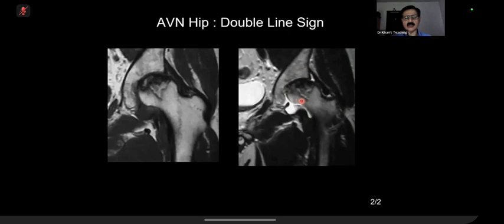So the first line, which is the dark line, how do you define it? What happens here? This is kind of osteochondritis dissecans. Okay, so what is this high intensity line?